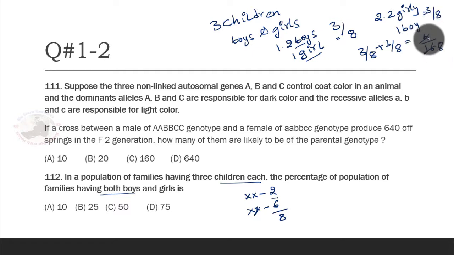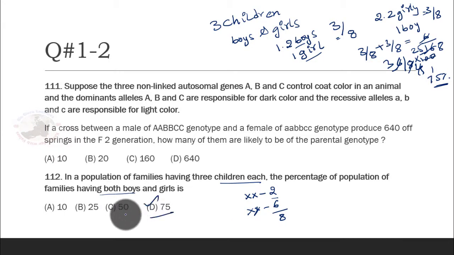And to identify the percentage, 6 by 8 into 100, we can easily go with it. 2 4s, 2 3s, 4 1s, 4 25s. 25 into 3 is nothing but 75%. Hence we can find the correct answer 75. I hope this is clear for you. Moving on to the next one.